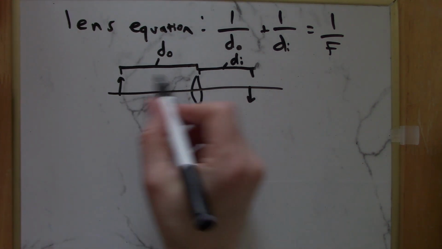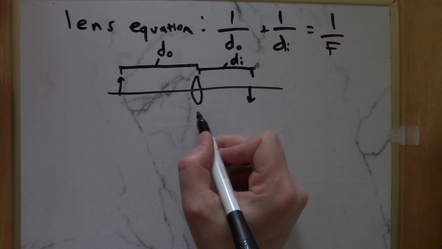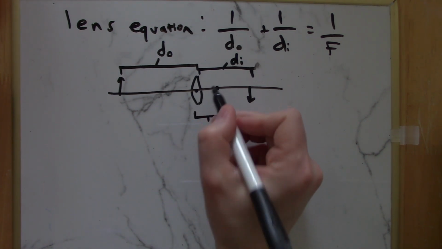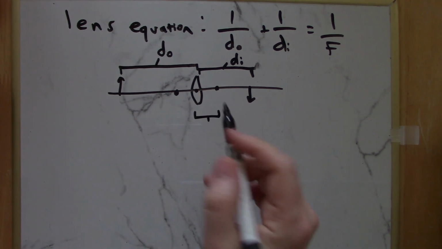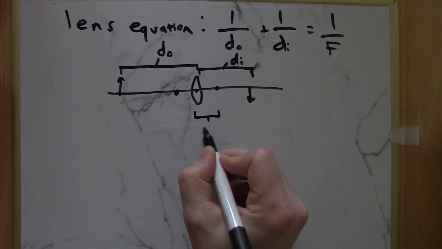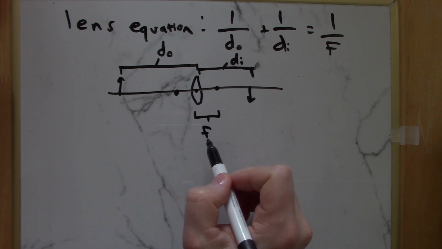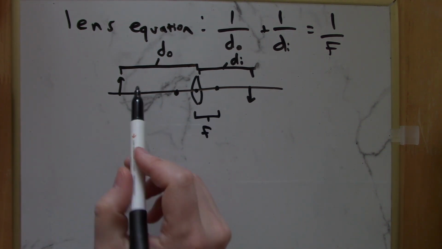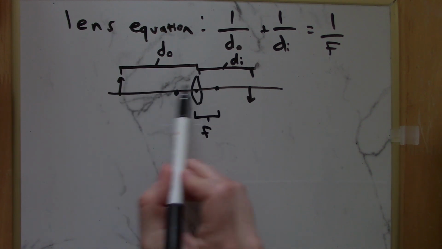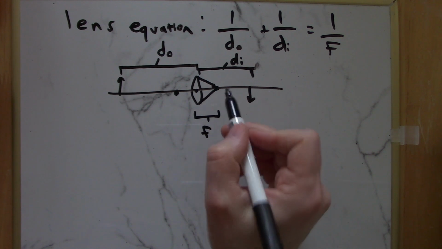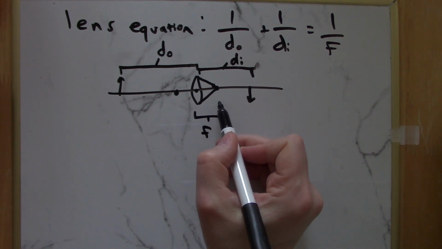But for now, the last piece of this equation is the focal length. And the focal length is inherent to each lens. Every lens has its own different focal length. It has to do with the curvature of the glass that makes the lens, or whatever is making the lens. And it's just called f, the focal length of the lens. A way that you can think about it is if all the light was coming in parallel, all of that light would bend and intersect through to the focal point.